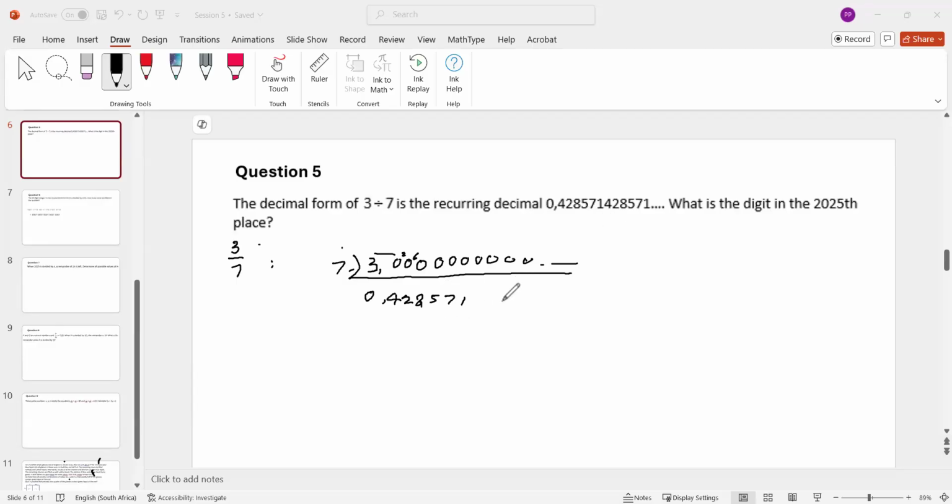And then you see you got 4, 2, 8, 5, 7, 1. So these 6 numbers, they keep repeating. It goes on endlessly. It doesn't stop. This is an example of a recurring decimal, infinite recurring decimal, because it doesn't stop.